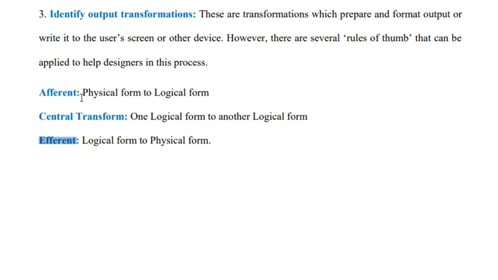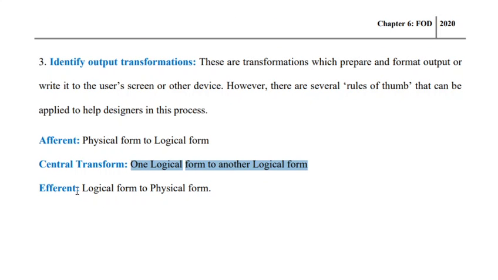Afferent basically means any module that is capable of converting physical form to logical form. Central transform means any module that's capable of converting data from one logical form to another logical form, and efferent means logical back to physical form.